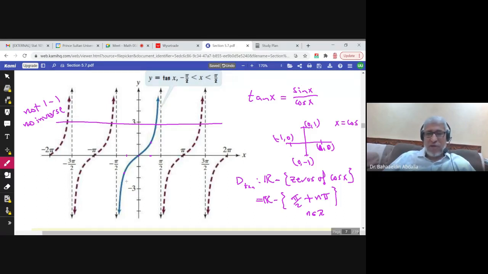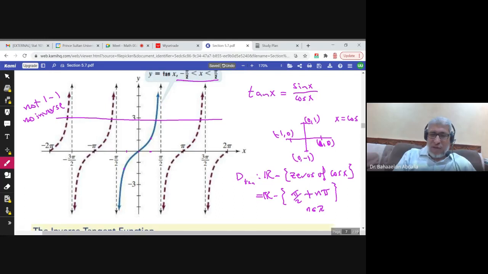Yes, the function between negative pi over 2 and pi over 2 is one-to-one. But there is only one problem. Tan is not defined at negative pi over 2, and it is not defined at pi over 2. So we chose the domain from negative pi over 2 to pi over 2, but negative pi over 2 and pi over 2 are not included, while for sine, negative pi over 2 and pi over 2 are included.